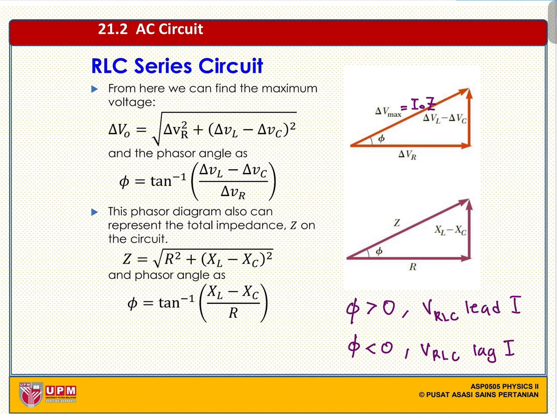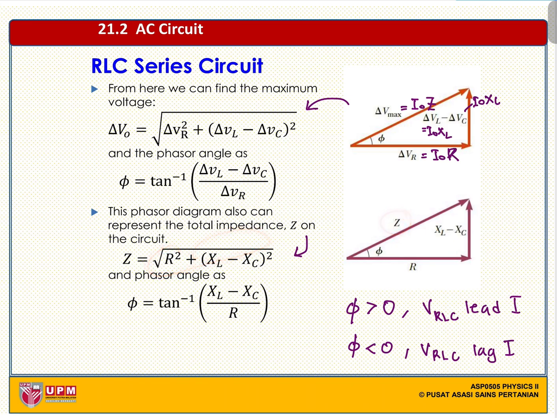This one, VL is equal to I naught XL. And VC is equal to I naught XC. And VR is equal to I naught R. So from here also, when you substitute these equations into this one, we will get the other equation, which is Z is equal to the square root of R squared plus (XL minus XC) squared.